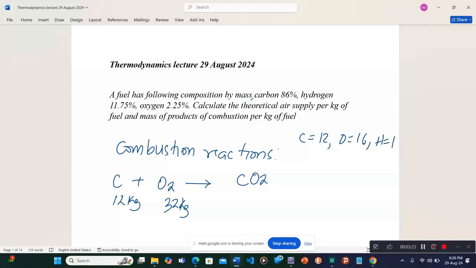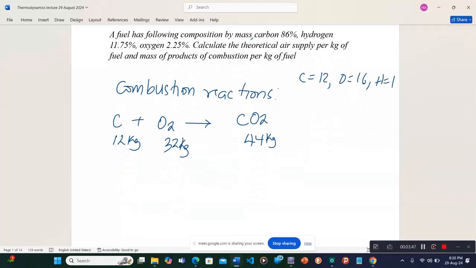So if I'm doing this, you shouldn't get worried where we are getting 12. So this is 12 kilograms of carbon. This is oxygen, which is 16 times 2. We get 32, giving us 12 plus 32, which is 44 kilograms. What does that mean? It means if I divide both sides by 12, I will have 32 out of 12 kilograms per kilogram of fuel.